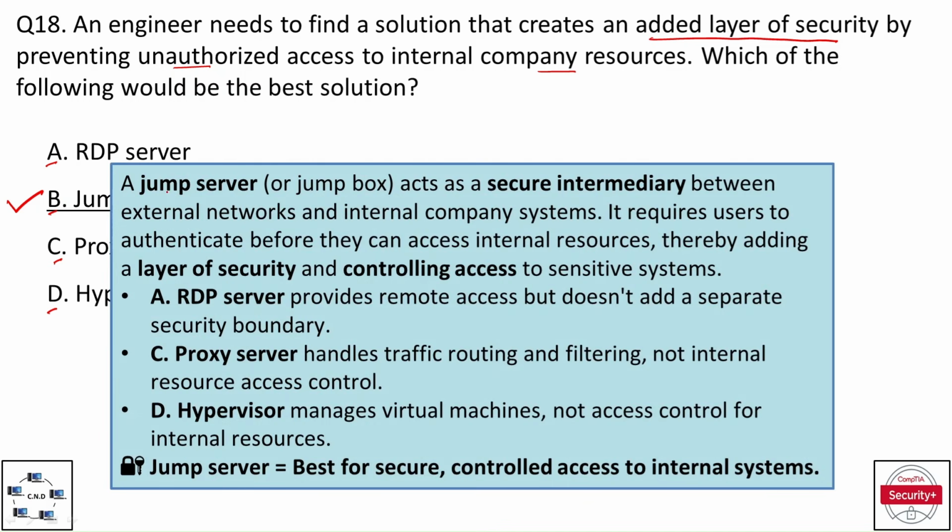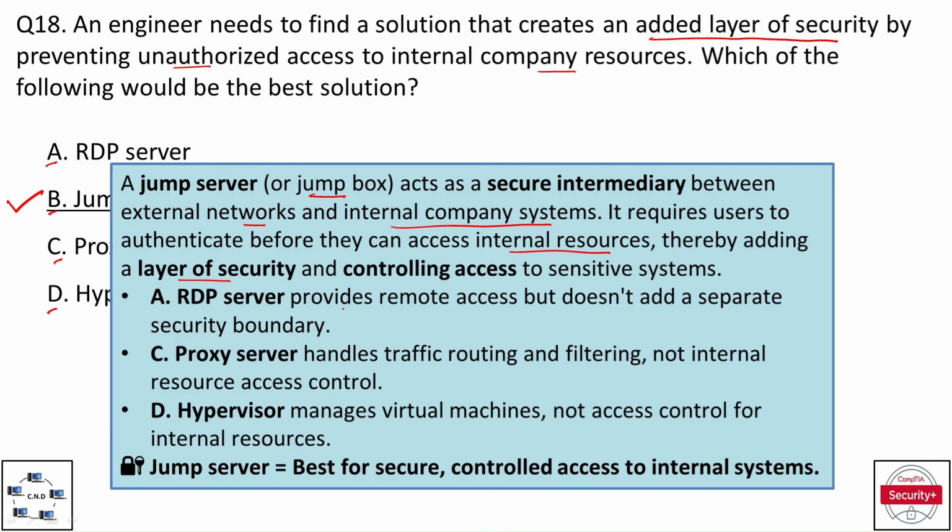And the explanation is, a jump server or jump box acts as a secure intermediary between external networks and internal company systems. It requires users to authenticate before they can access internal resources, thereby adding a layer of security and controlling access to sensitive systems.